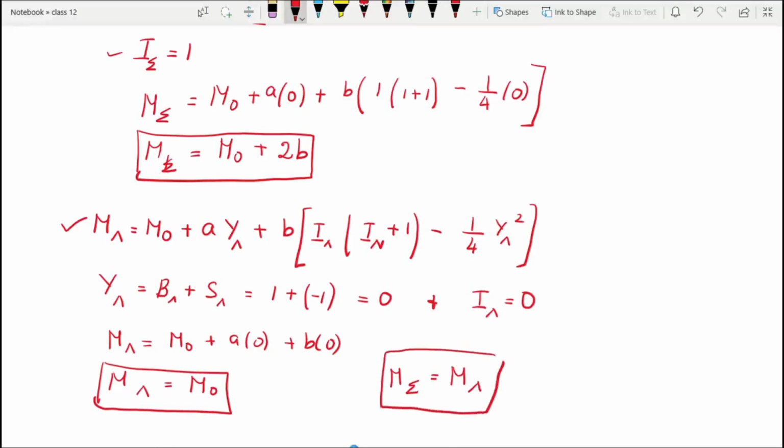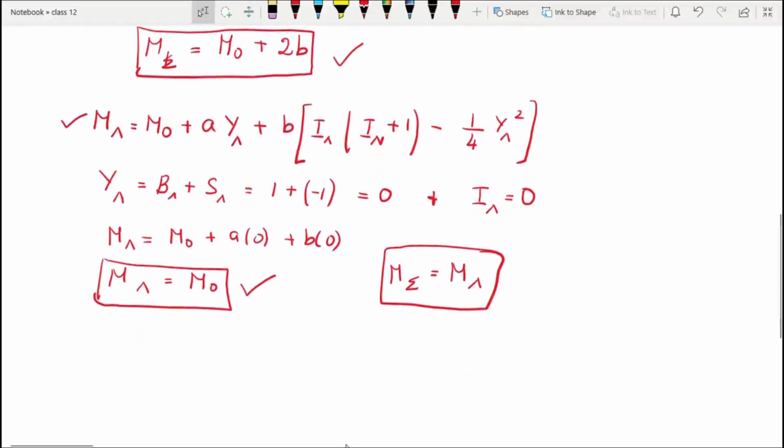So we can equate this equation and this equation. So we will be getting m naught plus 2b is equal to m naught. So this implies the constant value b is equal to 0.